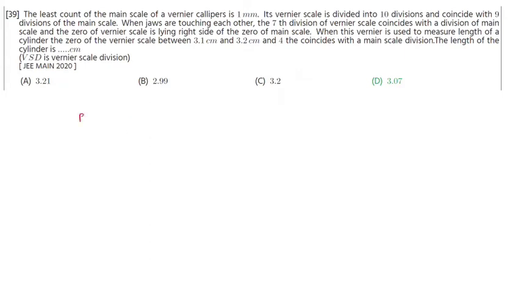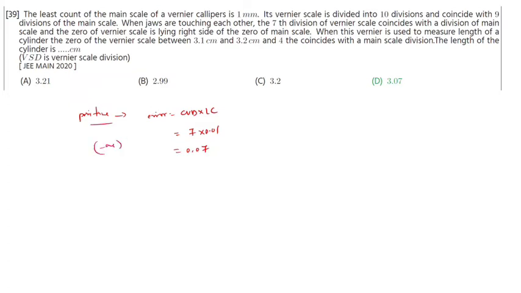Positive error. So the error is positive, and the 7th division is coinciding. So how to calculate the error, children? Here CVD into LC. So that is 7th division, least count 0.01. So error is 0.07. So error is positive, so correction is negative, right?